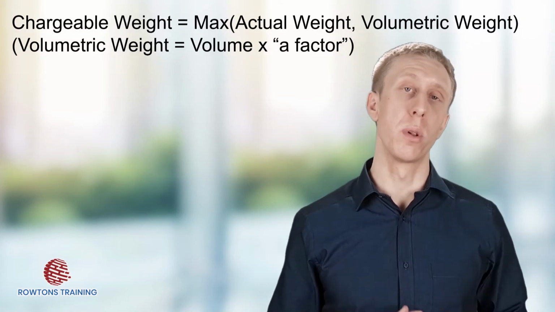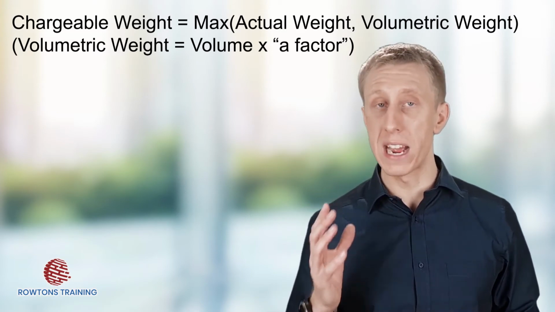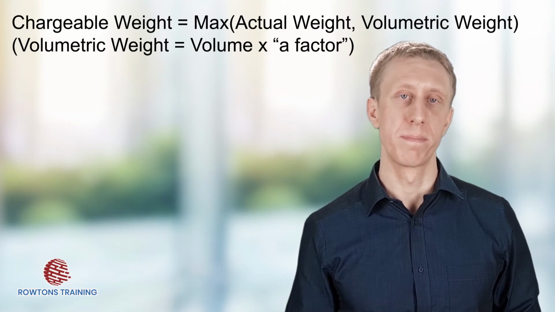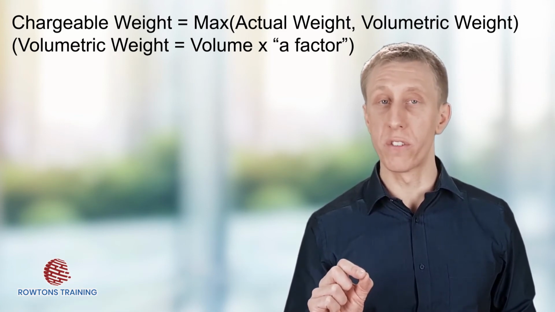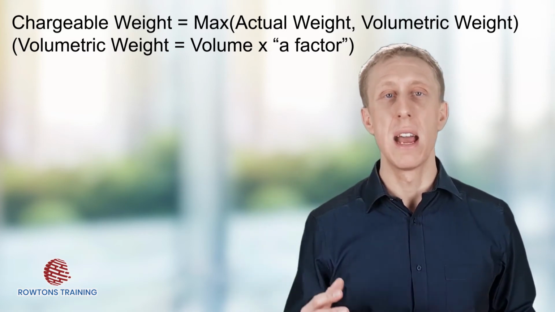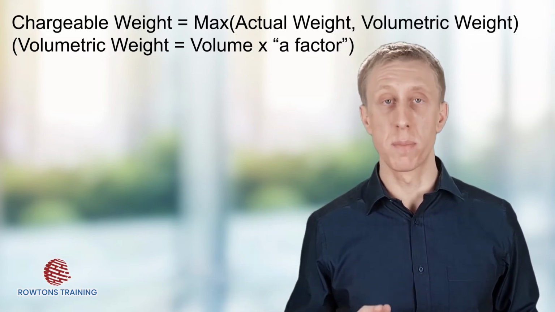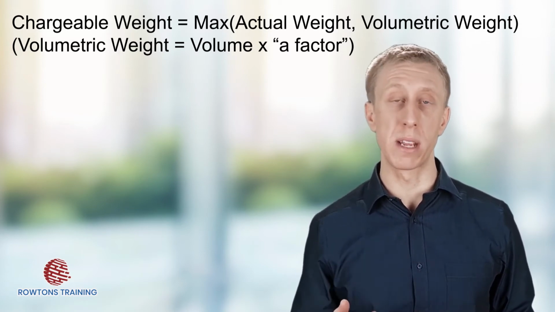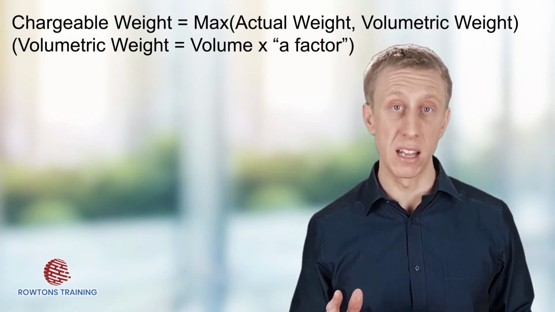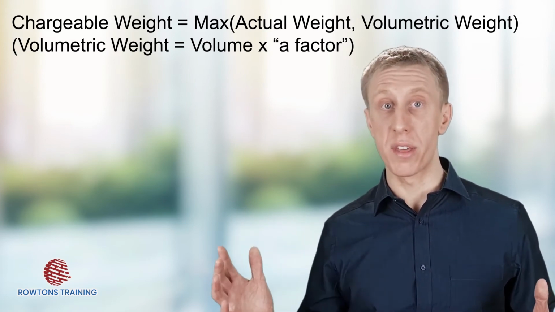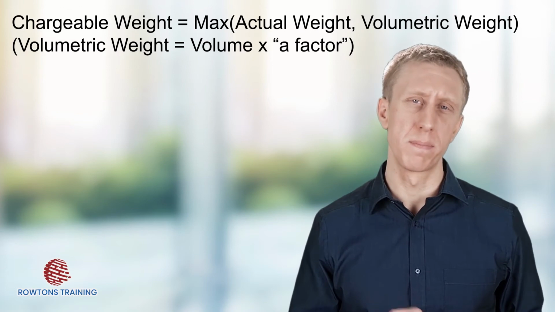This is why you will be charged based on your chargeable weight, which is the maximum of your actual weight or your volumetric weight. Remember, to calculate your volumetric weight, you'll calculate the total volume of your shipment and approximately multiply it by 167. That's just a factor that any shipping provider can make up themselves to equate the cost of shipping big light things with small heavy things.